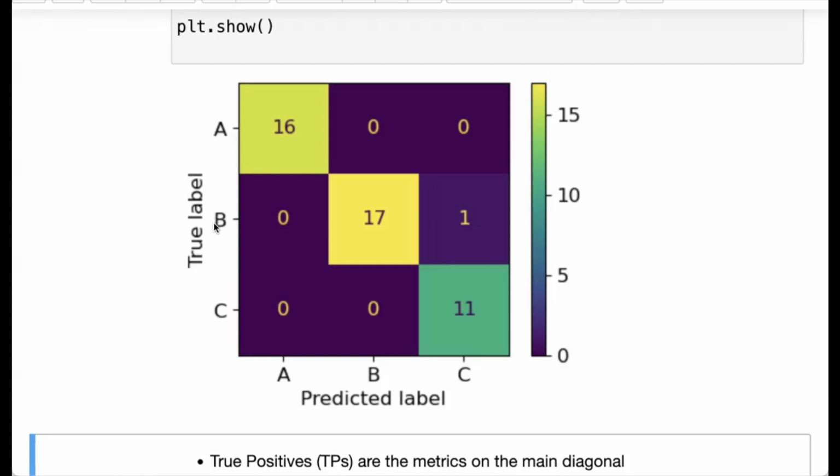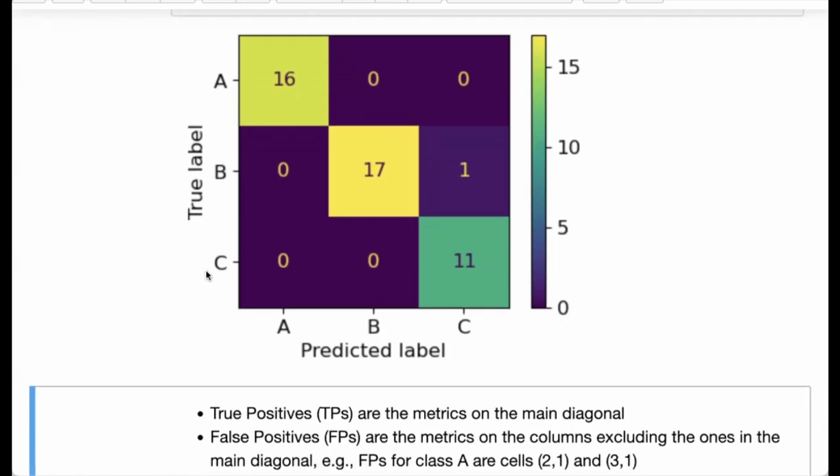So this means that we had 18 data points belonging to class B, but 17 of them are correctly predicted to be in class B, and we made 1 mistake, right? So these off-diagonal terms again correspond to misclassifications. And then if you look at the third row, we have 11 data points that belong to class C, and all of them are correctly predicted to be in class C.